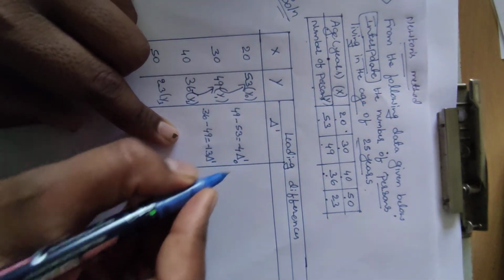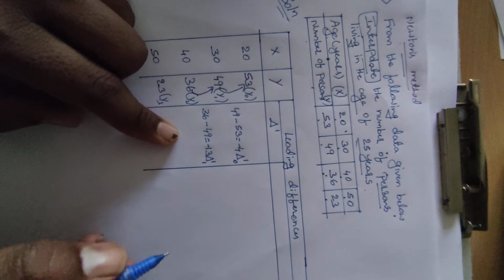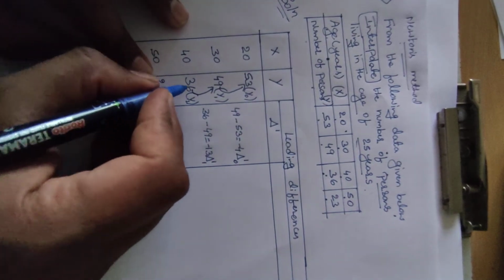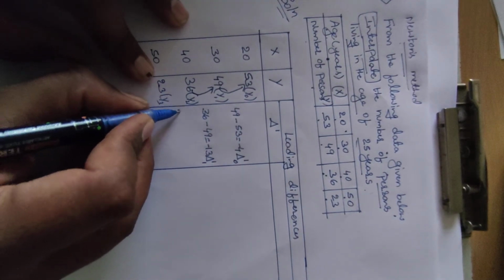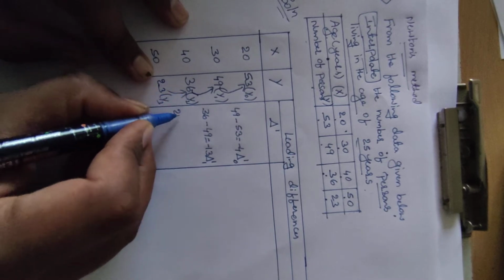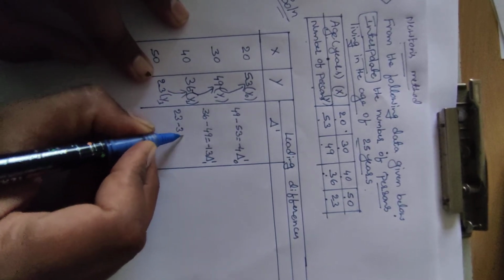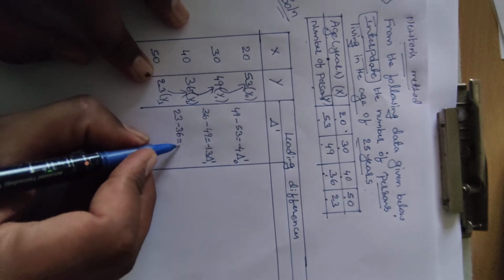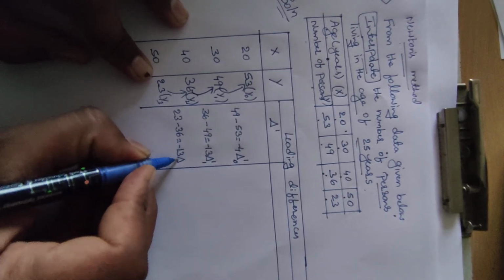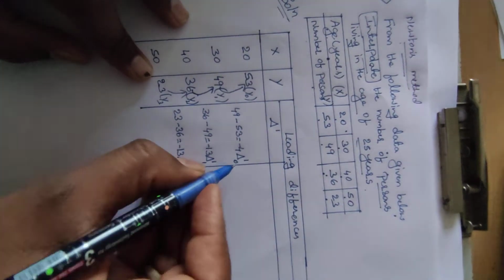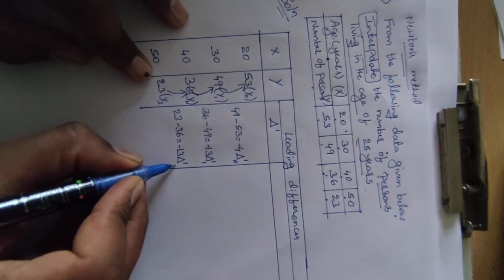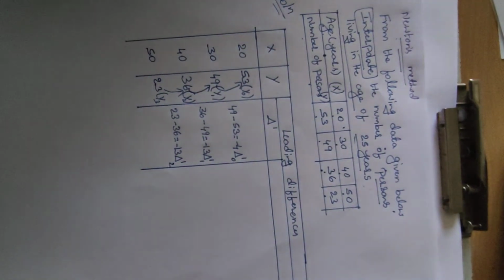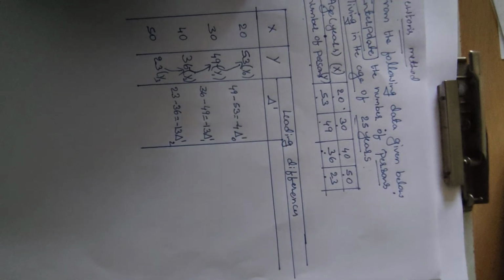Suffix 0 is over, next is 1. Next, 23 minus 36, we will get minus 13. Delta power of 1, 0 is over, 1 is over, next one is 2. This is the way of identifying the leading differences.